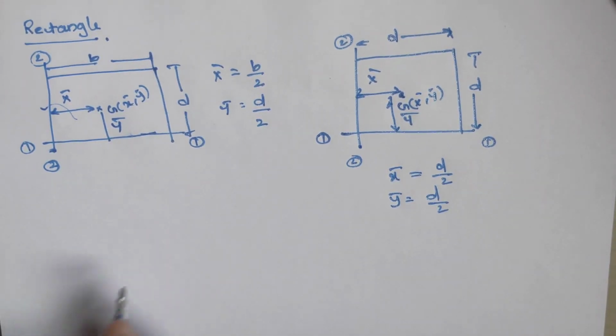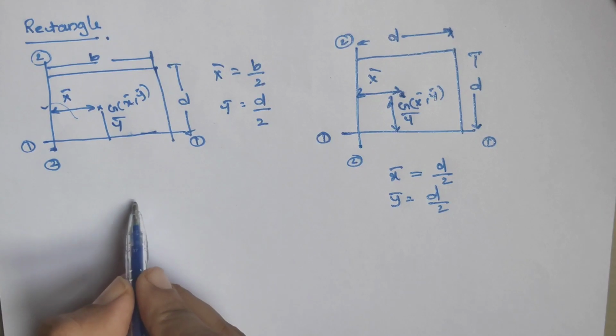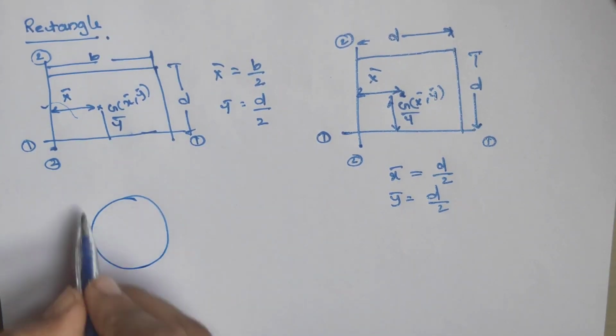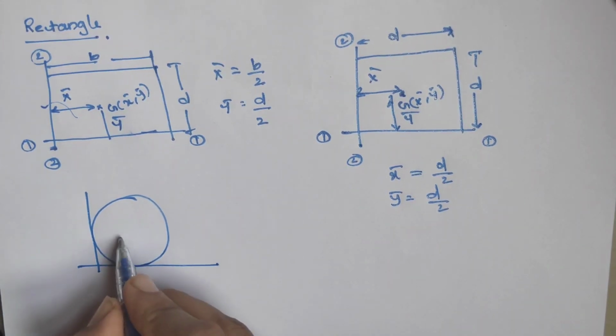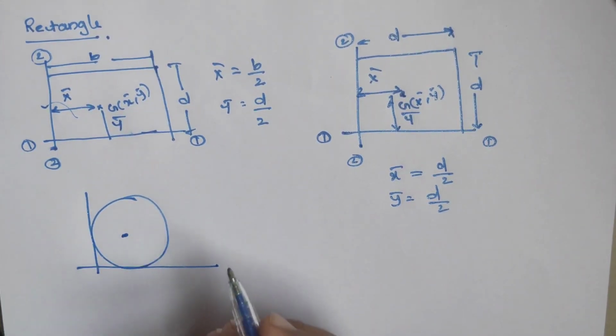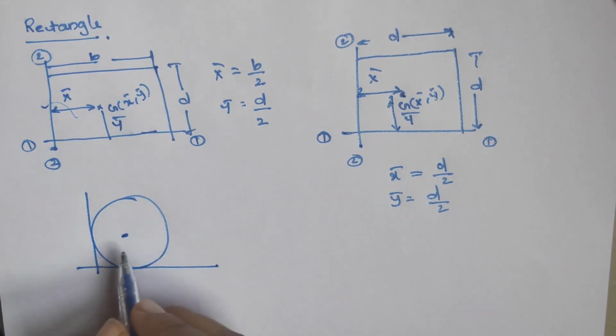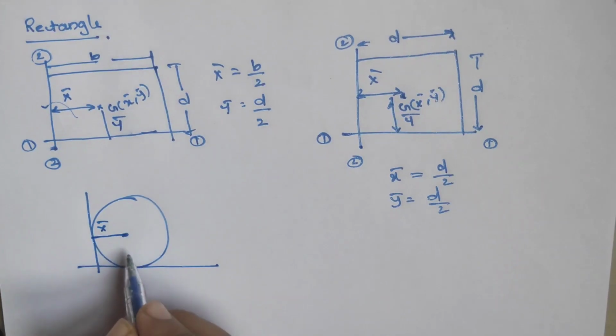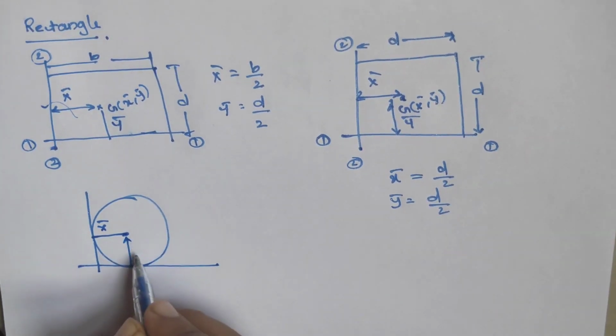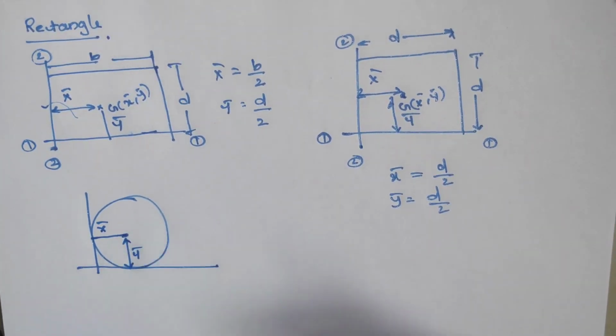Next we will see about the circle. Here we can draw two reference lines similar to previous cases. Here this will be the centroid. Now from here to here we can take it as x bar, and from here to here we can take it as y bar.